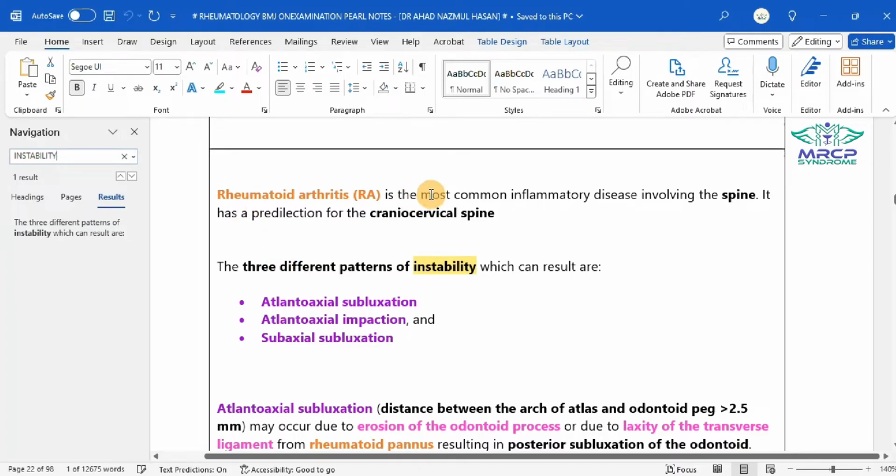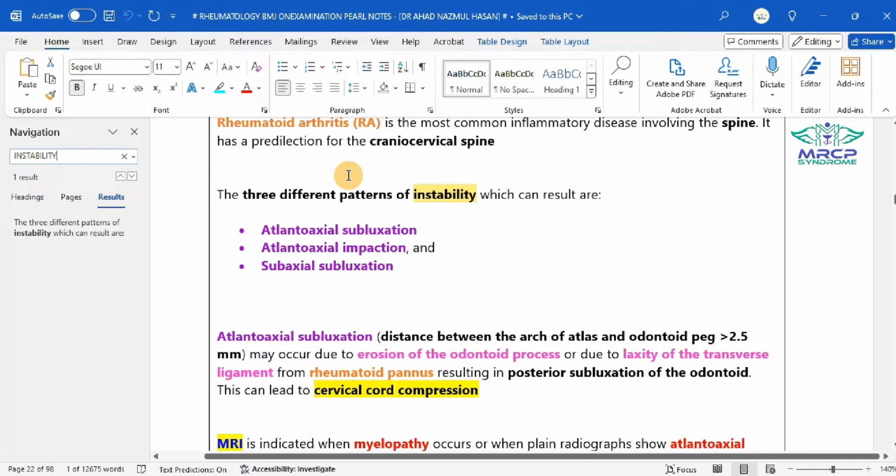Rheumatoid arthritis is the most common inflammatory disease involving the spine. It has a predilection for the craniocervical spine. So within the spine, usually the craniocervical portion is more commonly affected. The three different patterns of instability which can result are the atlantoaxial subluxation, atlantoaxial impaction, and subaxial subluxation.